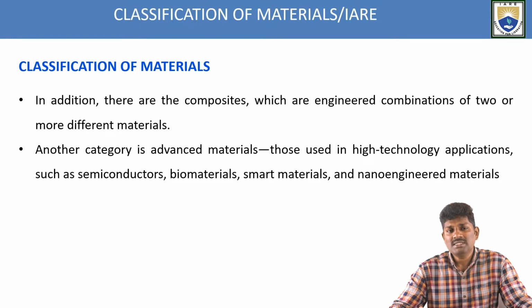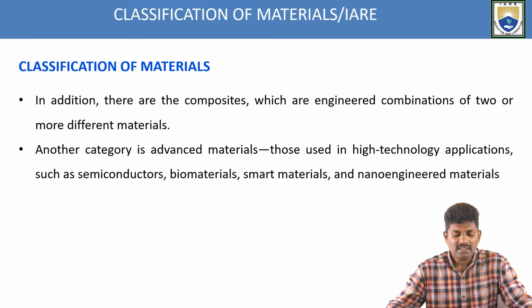Composite means two materials which are combined and look like a single material. So it is not a single material, it is a combination of two materials but looks like a single material. That is called a composite. These are some of the advancements in the materials.